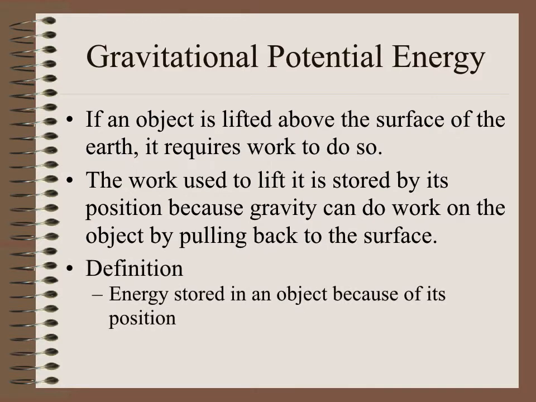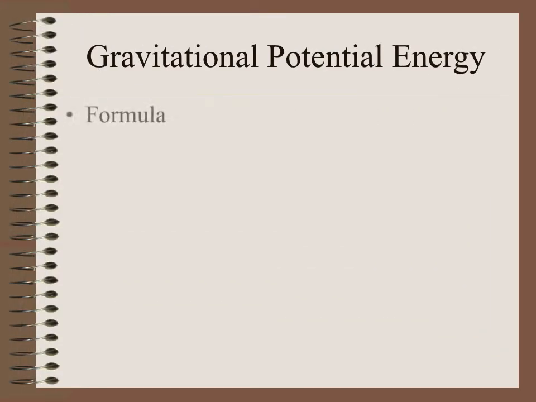So the definition for gravitational potential energy is stored energy because it's potential energy, but it's stored energy in an object because of its position, because it is located above the surface of the earth and gravity can do work on it. The formula says PE equals mgh, and these are all letters that you should be familiar with by now.